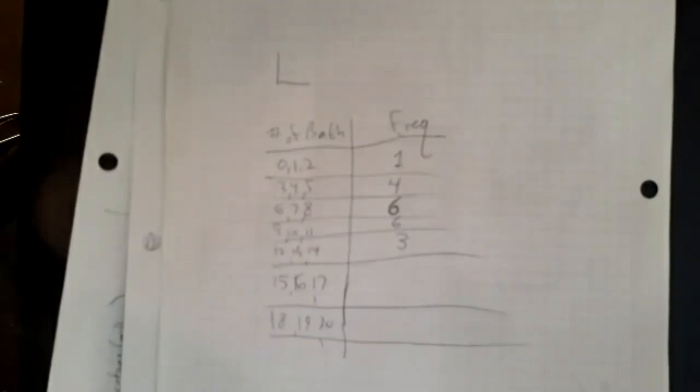But 18, 19, and 20, I believe, is going to give us 1. Did I count them right? 6, 12, 15, 19, 20, 21. It should be 21. And we're going to say 0 in here, maybe. Yeah, I think the graph is going to look good.